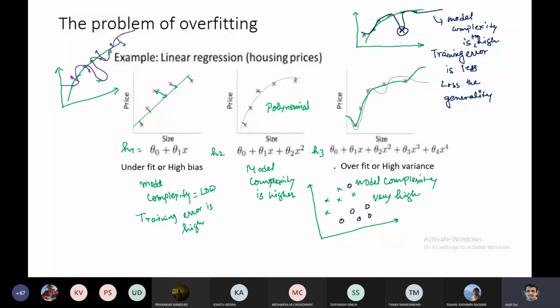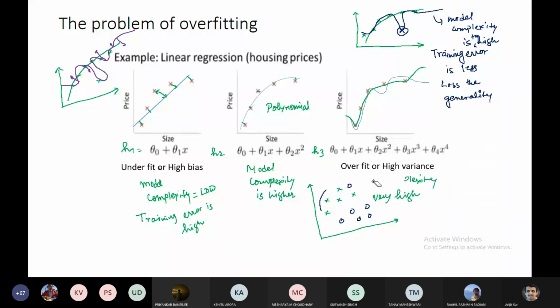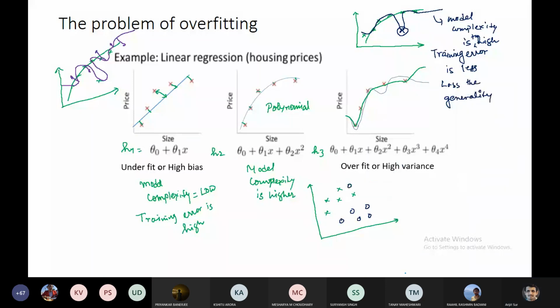Now, if this is the distribution, the natural clustering, so the decision boundary is something like this. Okay.